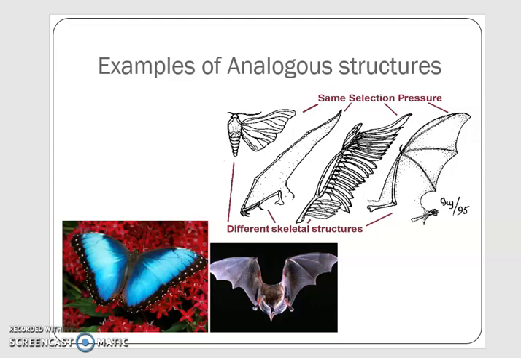And so whenever we see analogous structures, most of the time we're looking at big picture things like the development of swimming, so fish versus dolphins versus penguins. They all develop similar features that allow them to swim because of the same selection pressures with convergent evolution.